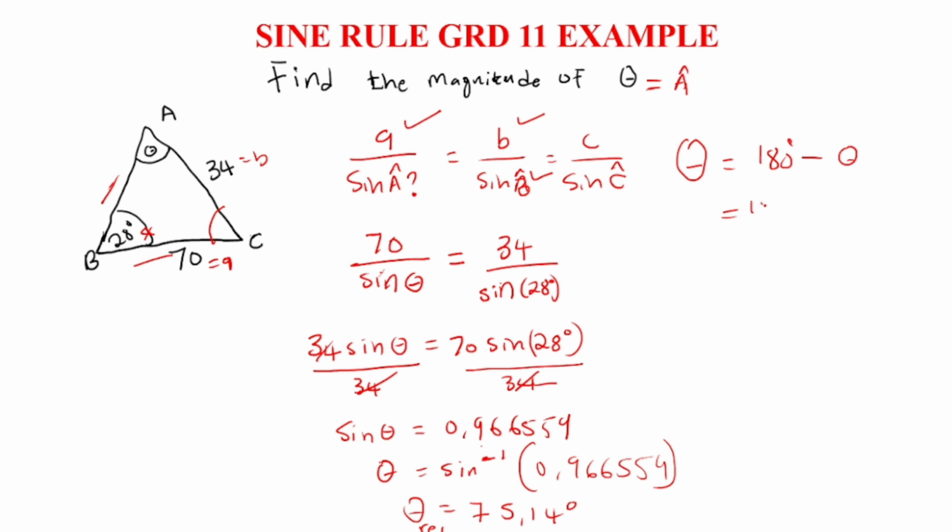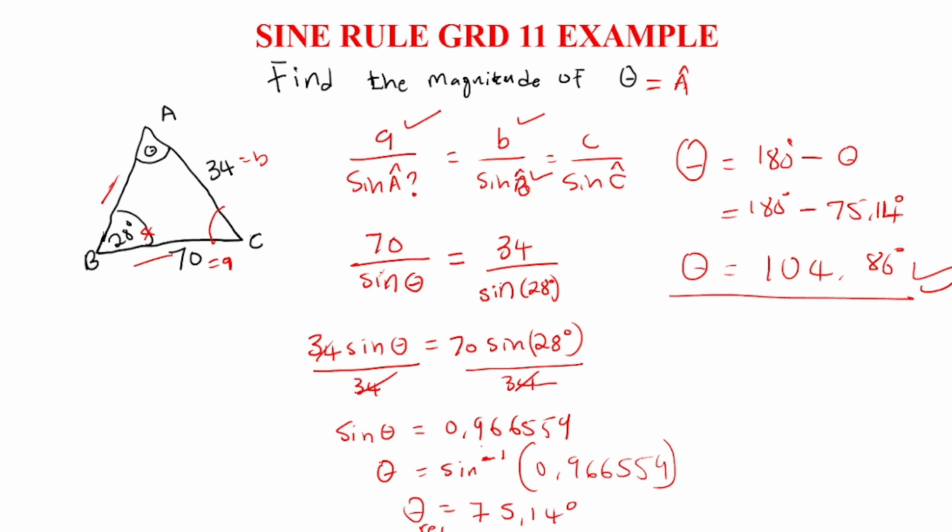So it's going to be 180 minus 75.14 degrees, which is going to give us a total angle of 104.86 degrees.